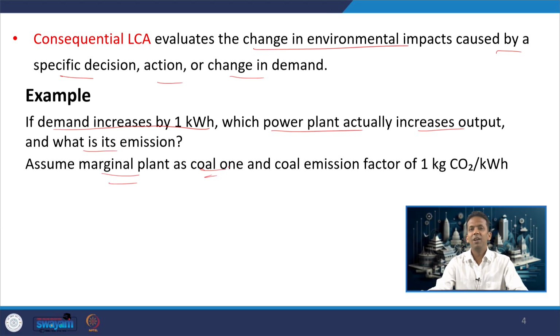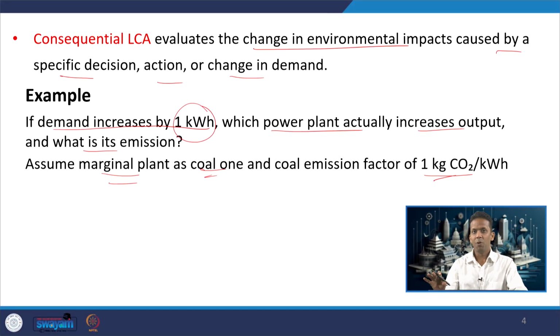When there is additional demand, that additional demand has to be met by the marginal plant. So in this case, the coal power plant will meet this additional demand of 1 kilowatt hour, and the coal emission factor is 1 kg CO2 per kilowatt hour. It is just an assumed value, compared to the average grid emission factor of 0.7 in the previous example, because there we had a 70% coal, 30% renewable mix.